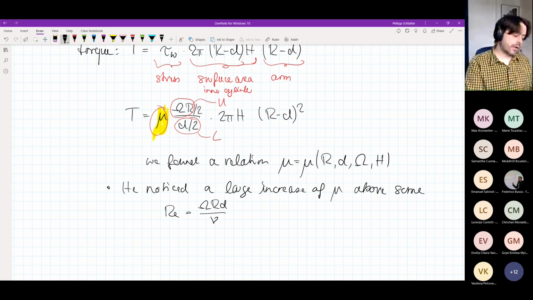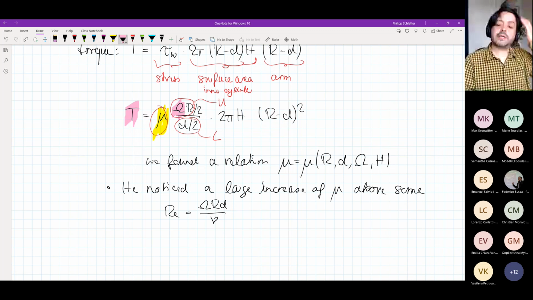So he realized that when he did this setup and was increasing the speed, obviously the torque was increasing as well. At first, this was happening in a linear way, because if you increase this, then this one will go up linearly as long as the viscosity is constant, because all the other terms are just geometrical values. But then he realized that at some point this linearity was broken, so that suddenly the viscosity became Reynolds or speed dependent.